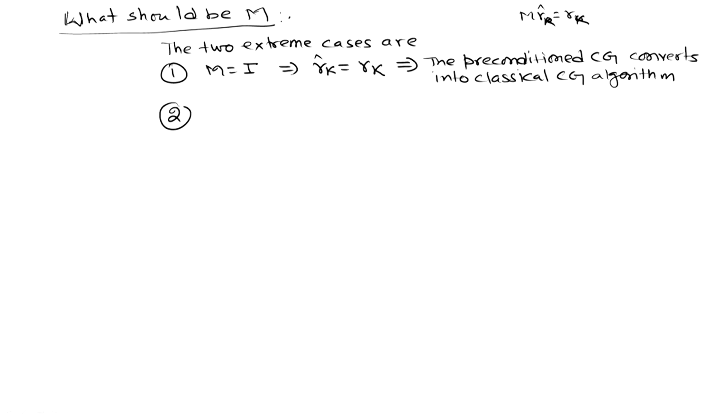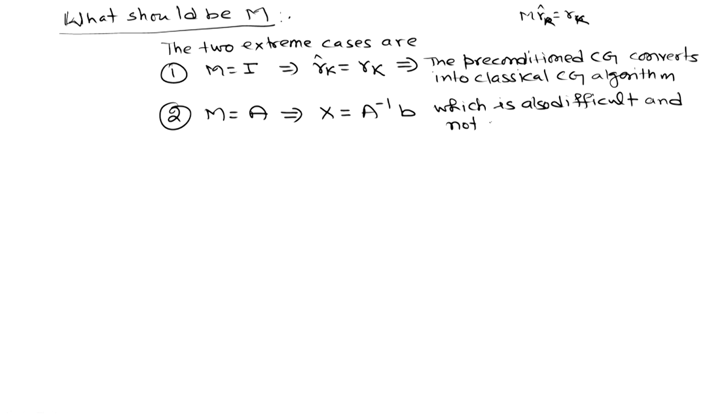The other choice is M equals A. If we take M equals A, that is another extreme case, then x will become A inverse into b, which is as difficult, because it is a direct method for solving the original system, which is also difficult and not a feasible choice.